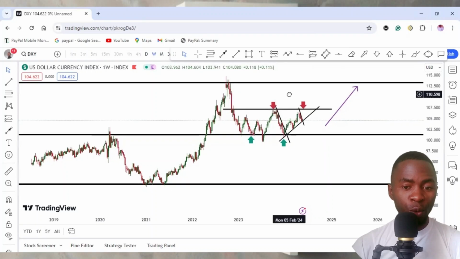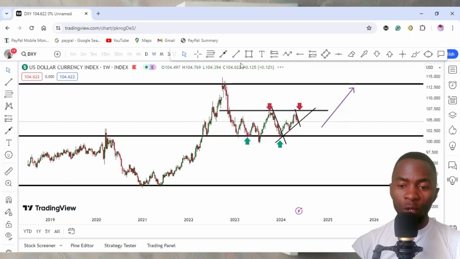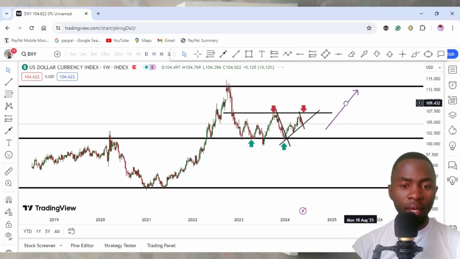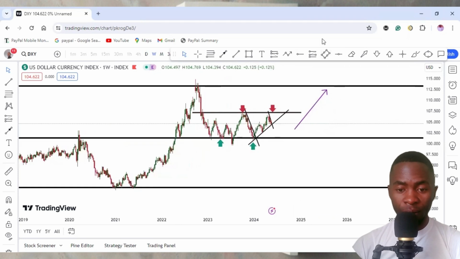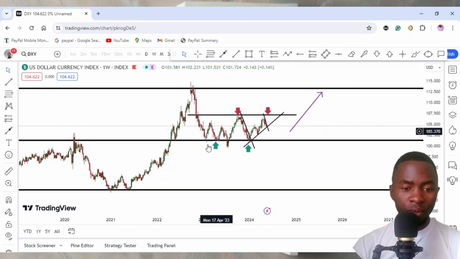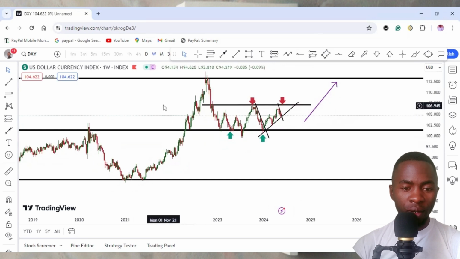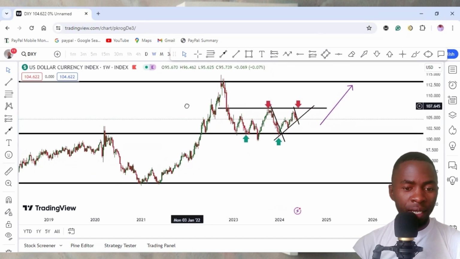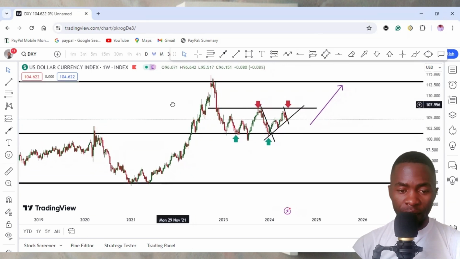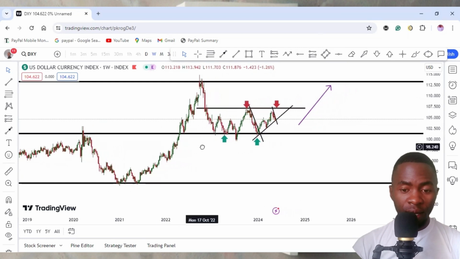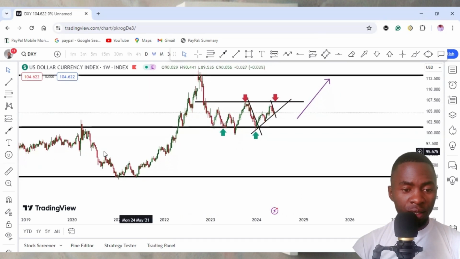We are going to start with DXY. So on DXY, this is on the weekly time frame. You can see the direction on the weekly time frame. The direction of the market is bullish. It's a resistance area.